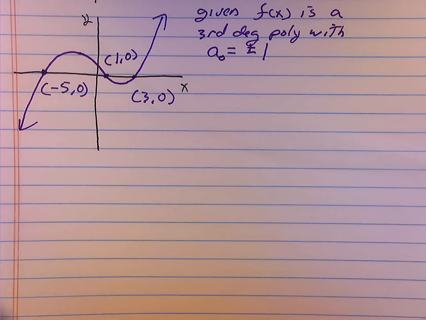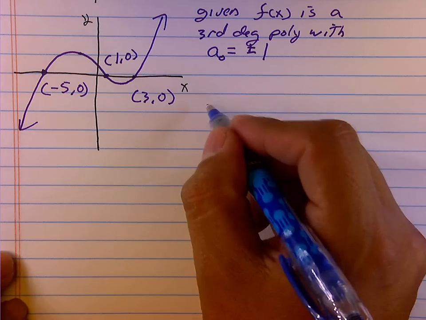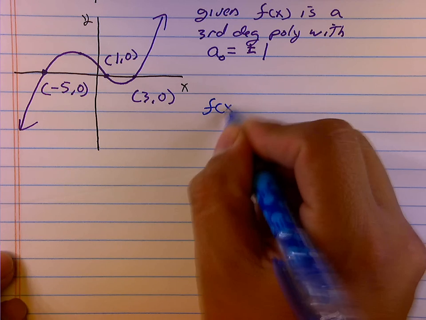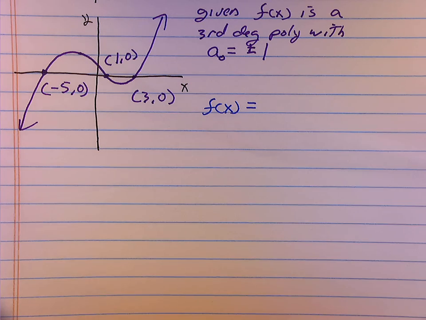Now, to make this assumption, when I make this equation, the first thing I need to determine is whether a is plus or minus 1, and I determine that because it's a third degree polynomial function going from negative infinity to positive infinity from left to right.